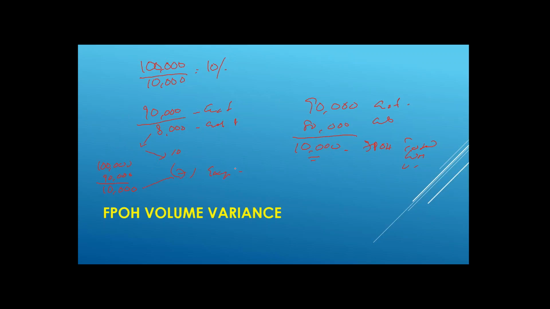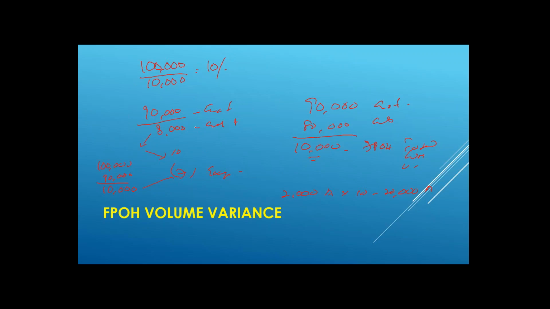But on the output, we have a problem. We budgeted for 10,000, but we have produced only 8,000. Good or bad? Bad. 2,000 bad. So 2,000 into 10 is 20,000 bad.